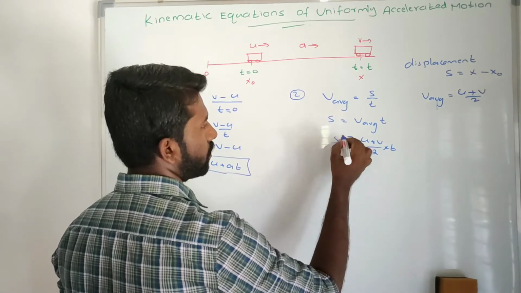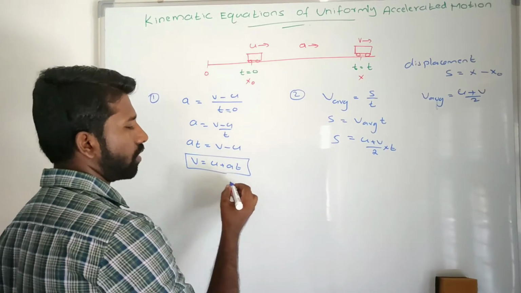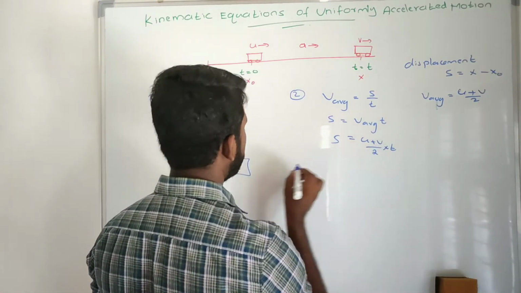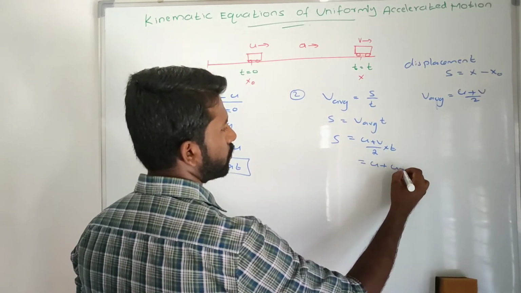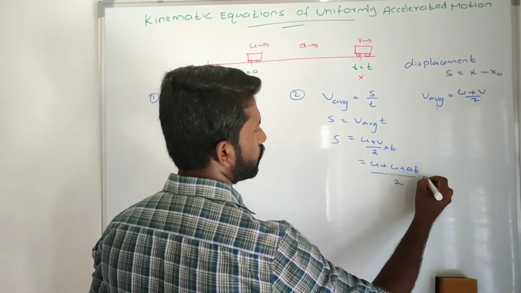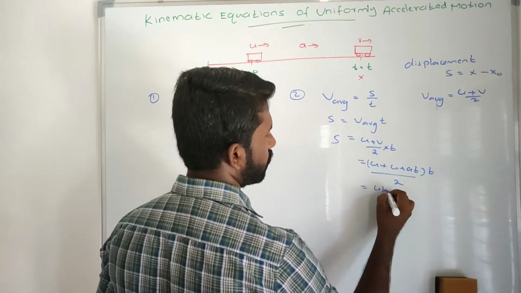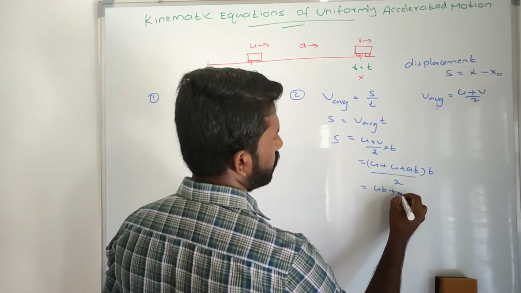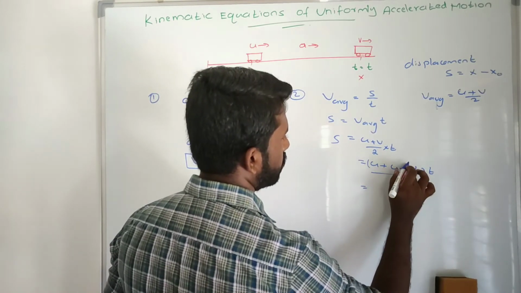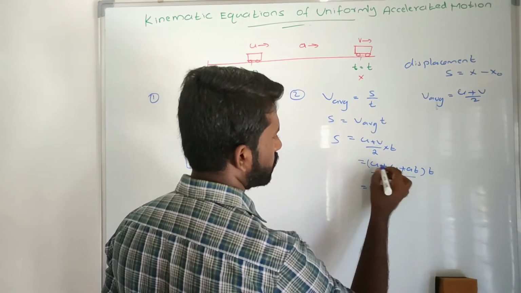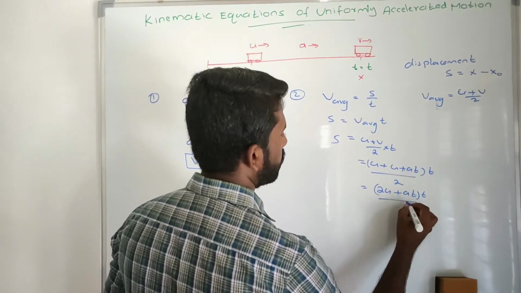Then we already have the first motion equation. From it, v is equal to u plus at, and I am going to substitute that here. So u plus at, divided by 2, into t. First I add: 2u plus at, into t divided by 2.